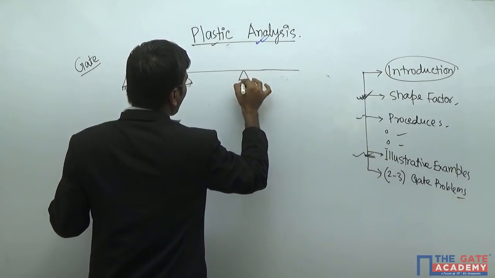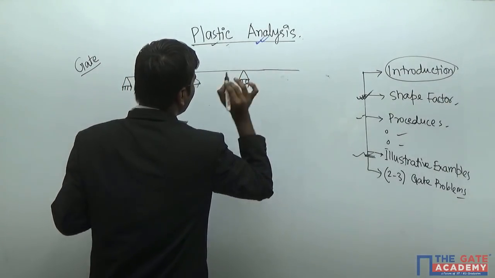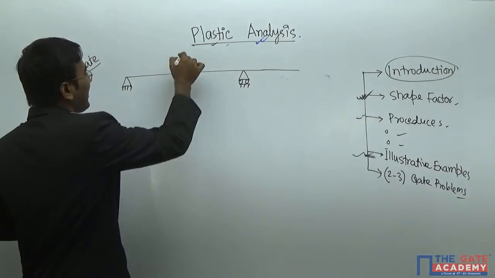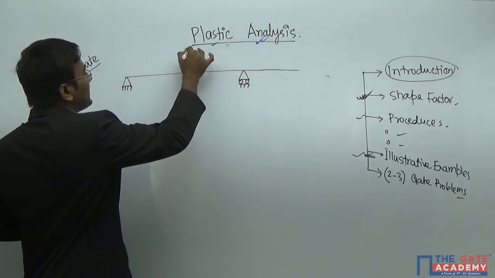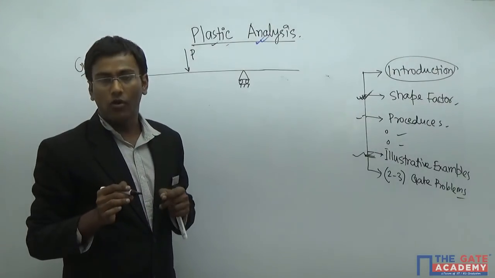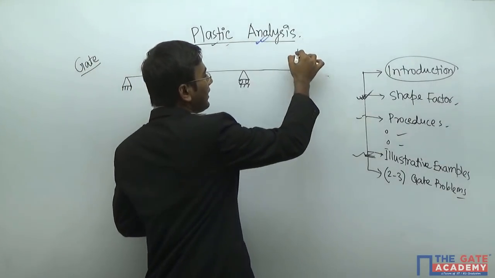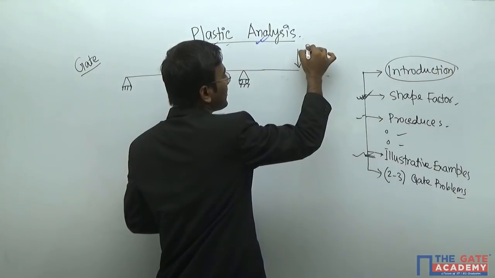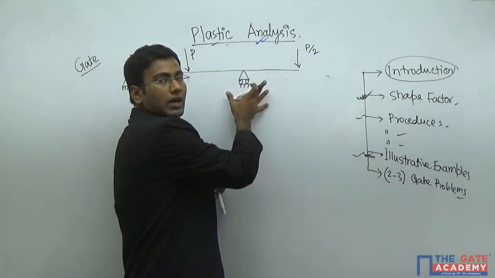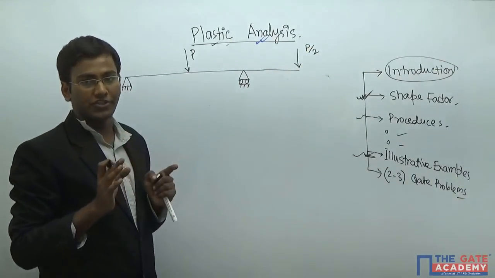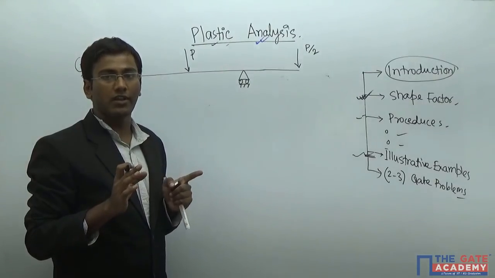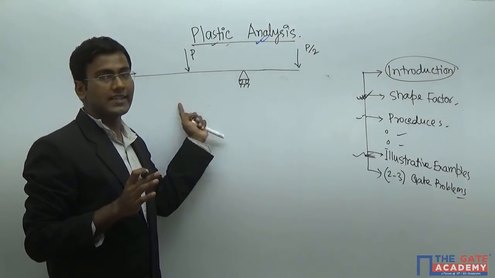We are providing a load P here in the downward direction, and a load of P by 2 at the overhang portion. The whole portion has plastic moment capacity MP. This is the given problem.